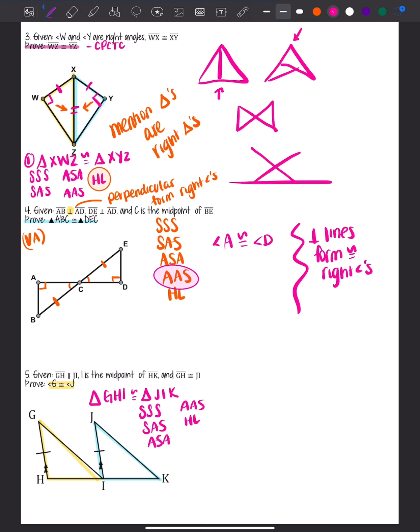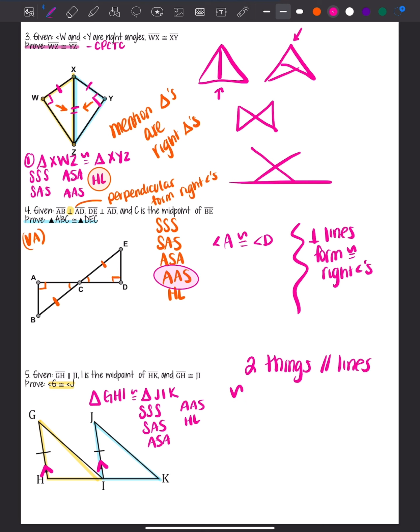Now, let's take a look at our given. What we know is that GH is parallel to IJ. It's already marked, but I'm just going to make the mark a little bit more apparent. So you get 2 things from parallel lines, and this is something that we need to remember.